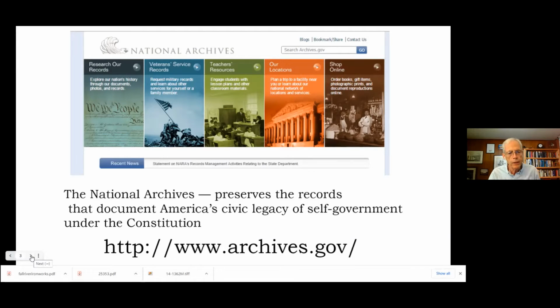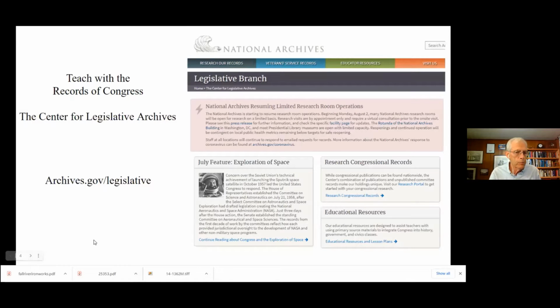So archives.gov is the front door to the National Archives. And as Jim mentioned, I work for the Center for Legislative Archives. We have the records of the Senate and the records of the House of Representatives from 1789 to today. And we have a website with lots of resources for teachers. So I hope that when we finish today, you'll take a moment and go into our website at archives.gov/legislative. You see the address on the screen there.